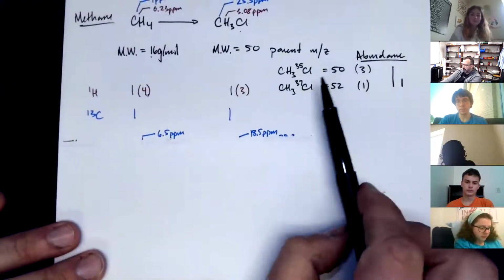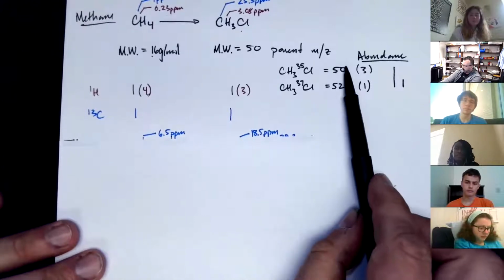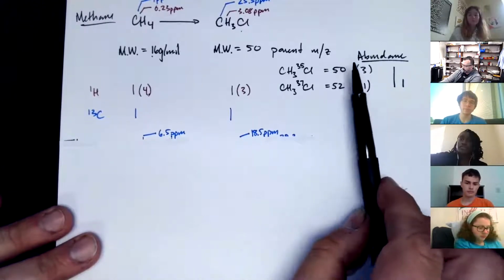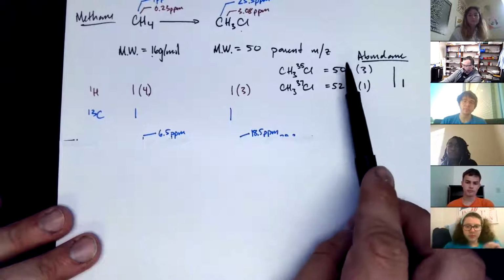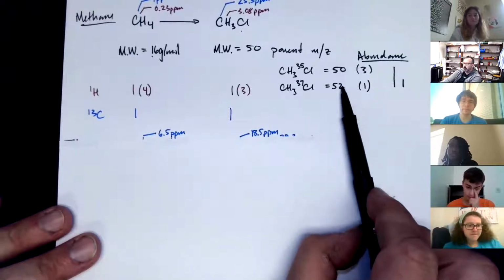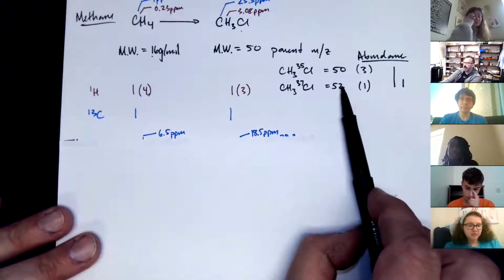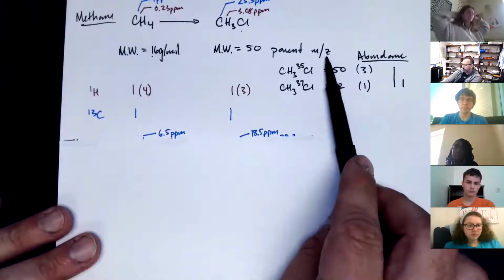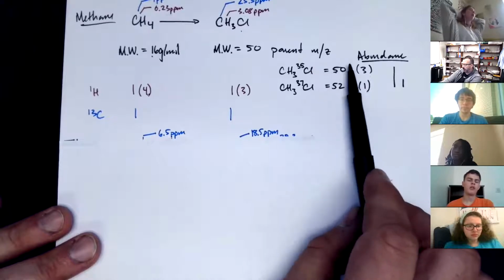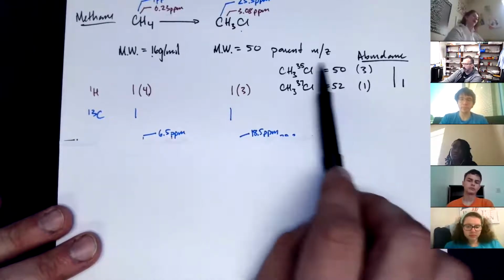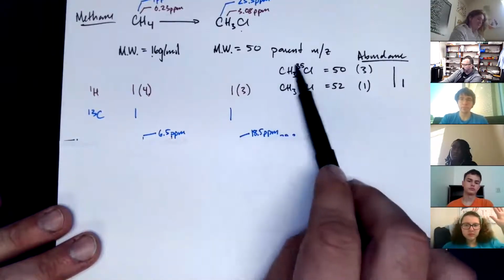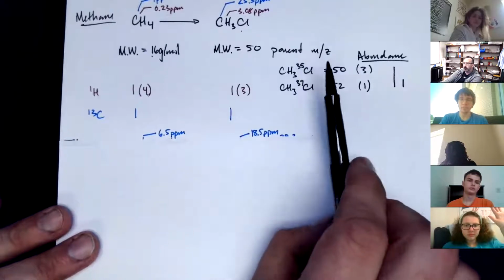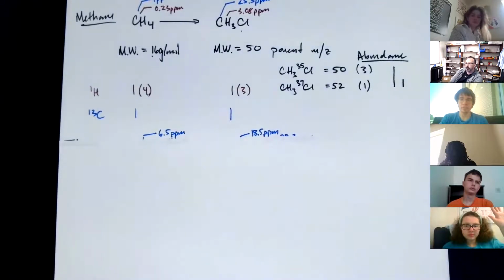So the mass spec you're seeing, again, you're seeing both of these 50 and 52. M over Z is mass to charge. So Z is equal to 1, so you're really just seeing the mass. You're seeing both of these. I only wrote down the molecular weight of this one. Blakely, does that answer your question?